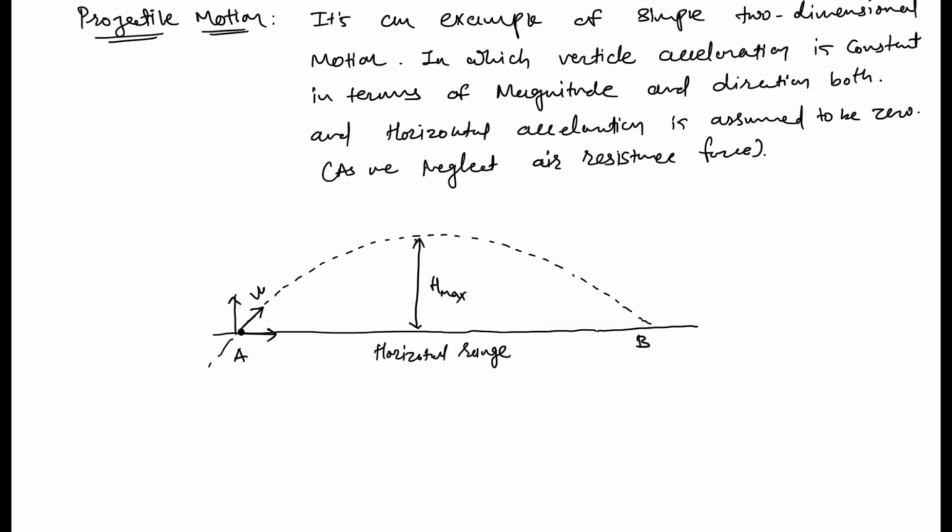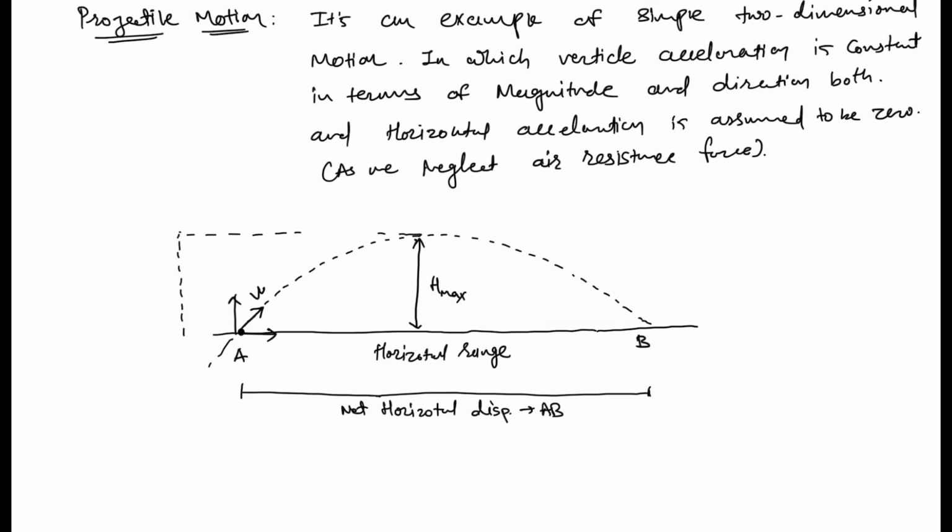As we see, in horizontal direction it goes from A point to B point, so its net horizontal displacement is AB, and it goes up just like this up to this height, let's say h max, and then it returns back to the ground here.